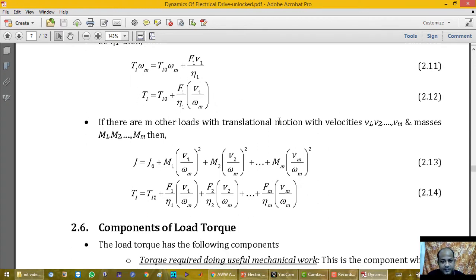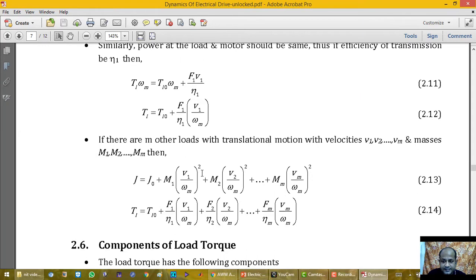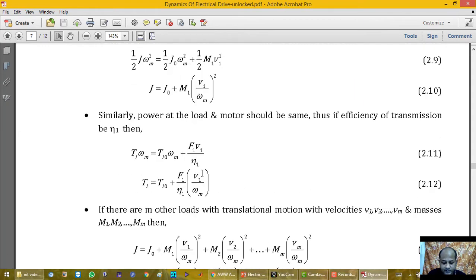Now, similarly, if there are m other loads with translation motion with velocities v1, v2, vm and masses respectively m1, m2, mm, then the equation will be J equals J0 plus m1 (v1 by omega m) square plus dot dot dot up to the number of loads, and the same for the torque. Okay, so this is load with rotational motion and load with translation motion.